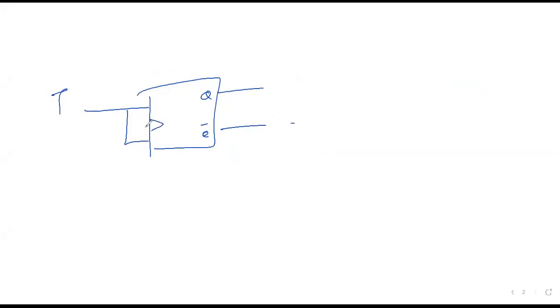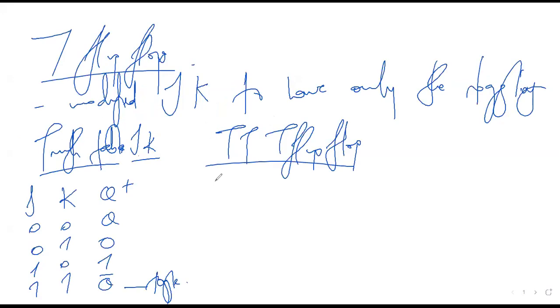Then we can have a clock for a synchronous sequential circuit. So if the clock is 0, we all know what happens by now. We have the clock, the T, and the Q next. When the clock is 0, no matter the input, this is the memory state.